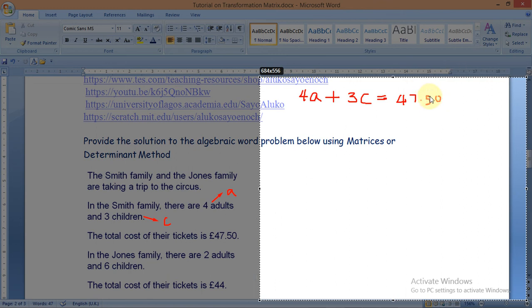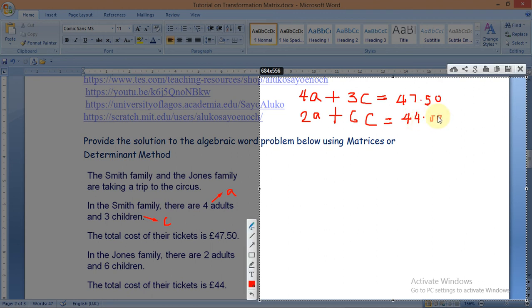I'm sorry about that. And then equation 2, in John's family we have 2 adults, so that will be 2A plus 6 children, so that's 6C, and the total cost is 44, so I can write that as 44.00.